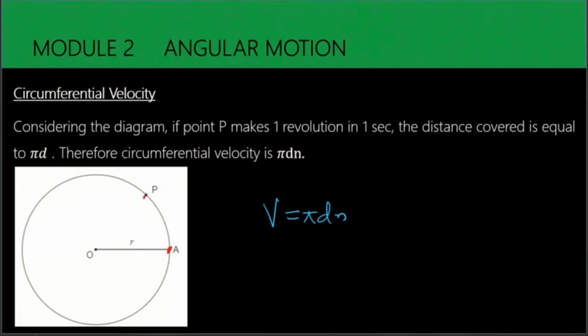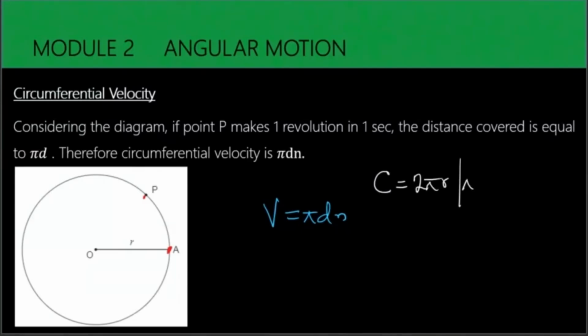So pi d is the circumference of a circle. The 360 degrees represents the circumference of a circle, which is 2 pi r or pi d. So this formula comes from the concept that the circumference is 2 pi r.